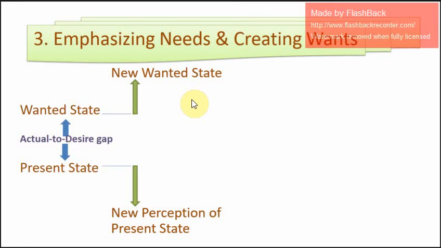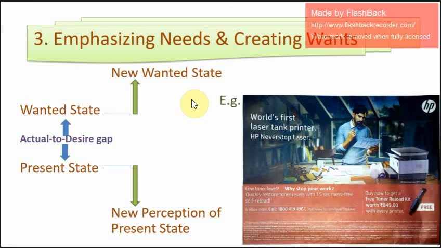So this is done in a very recent advertisement of the HP Never Stop laser printer, in which they are emphasizing that if the toner level is low, why should you stop your work? You can quickly restore the toner levels in 15 seconds, mess free, self reload, which means you don't have to go to a mechanic to reload your toner, which means you don't have to stop your work.